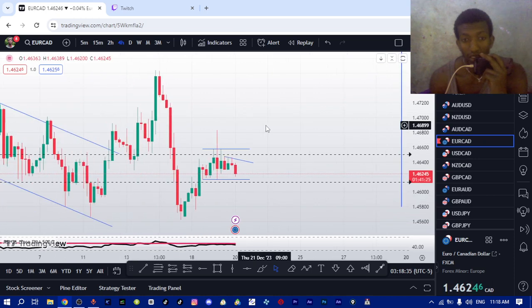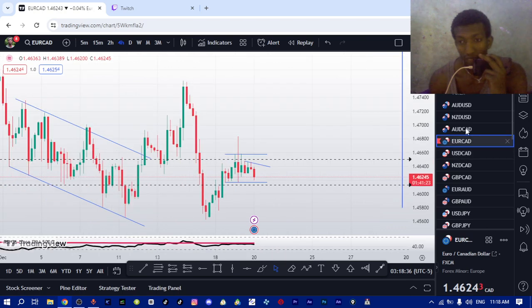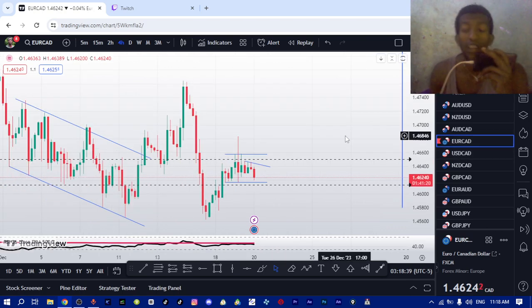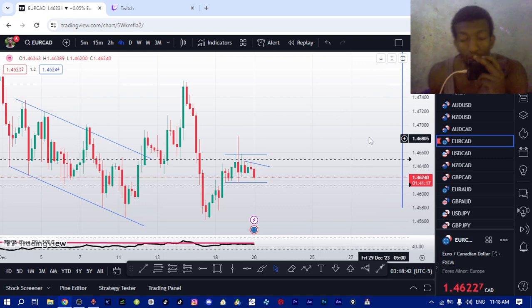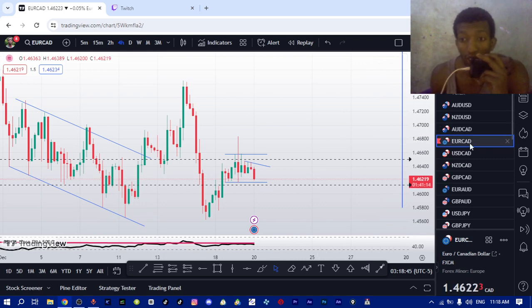As a general rule of thumb, you have to look at the other pairs, the other pairs that are paired with the CAD, the Canadian dollar, like Euro CAD, dollar CAD, New Zealand dollar CAD and GBP CAD, right? These all are paired with CAD.